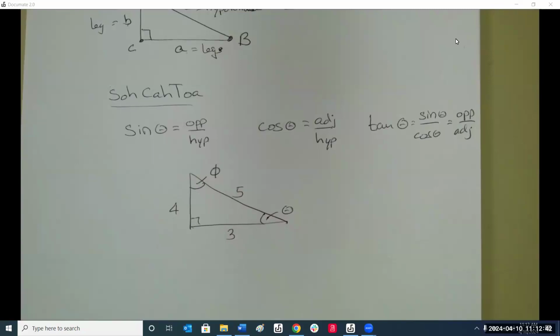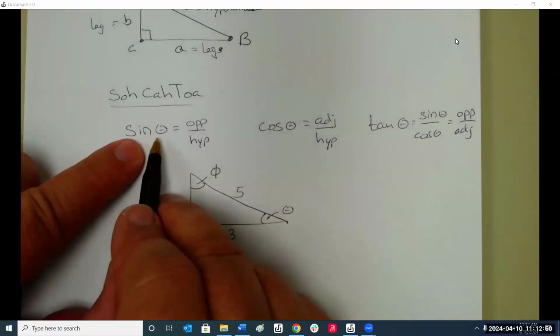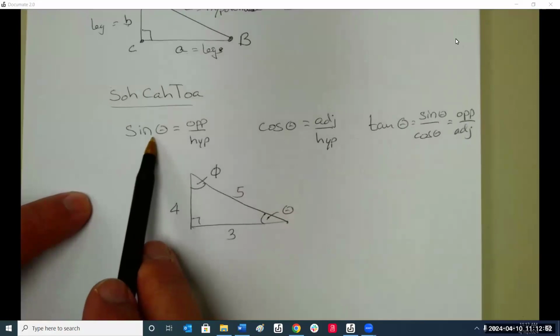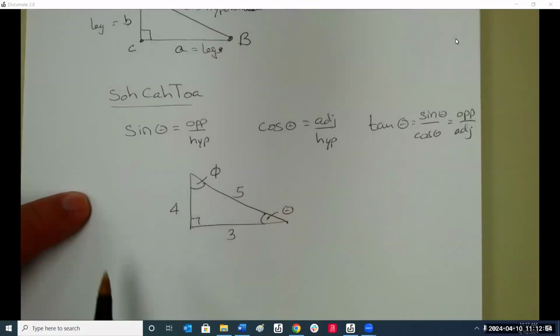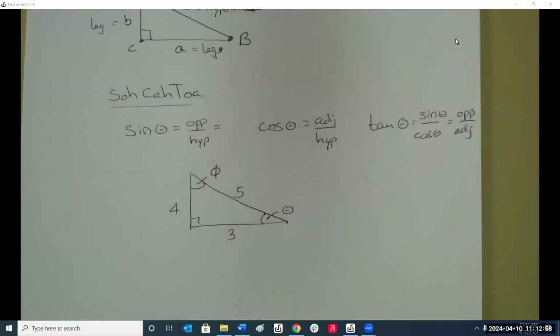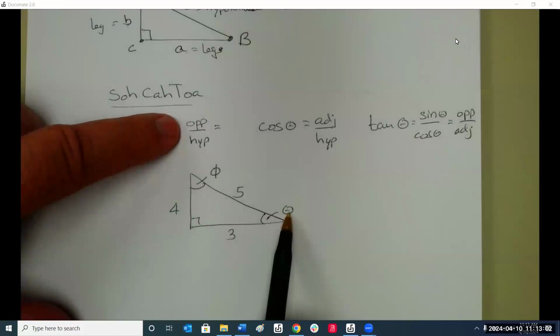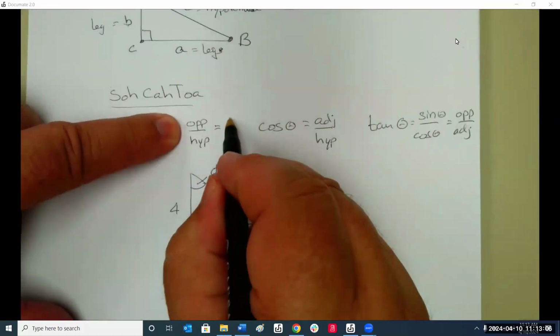This is a typical 3, 4, 5 triangle, because if we plug these into the Pythagorean theorem, it works. So, since I said the sine of theta, what would the exact value be? Here's theta. What's the opposite of theta? 4.